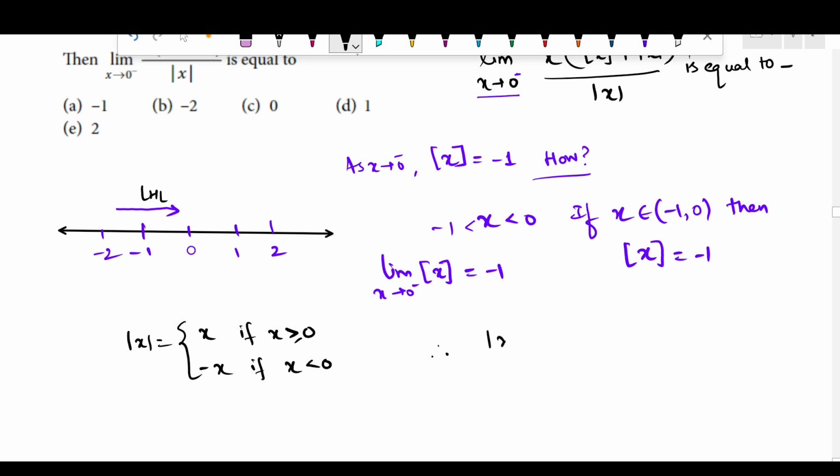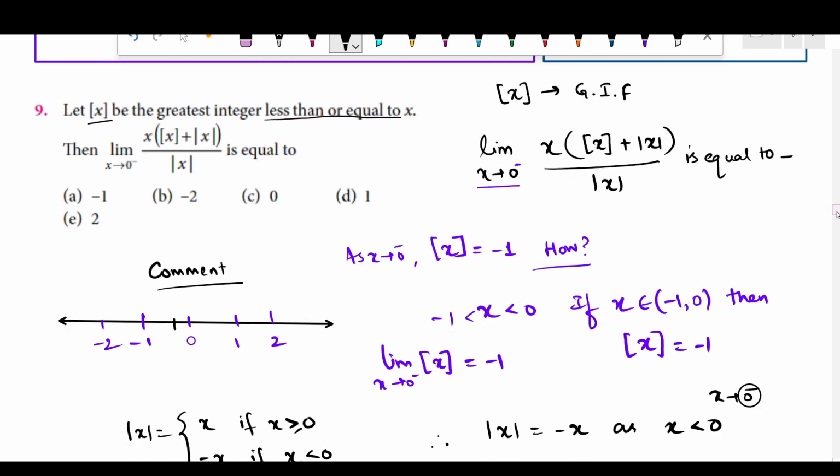Therefore mod x opens up to minus x as x is negative. Why? As x tends to 0 minus means the left hand side part of 0 is negative. I hope these things are clear to all of you. If you have any doubt, feel free to ask in the comment below, right?